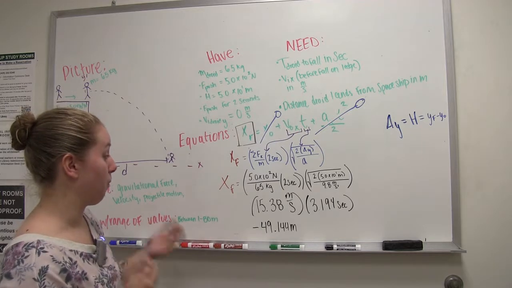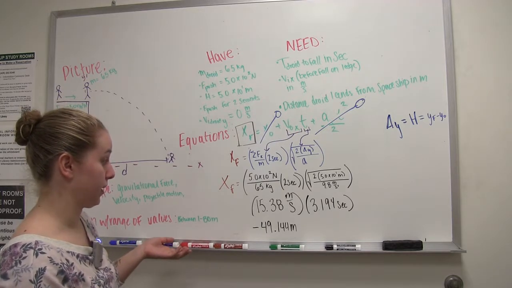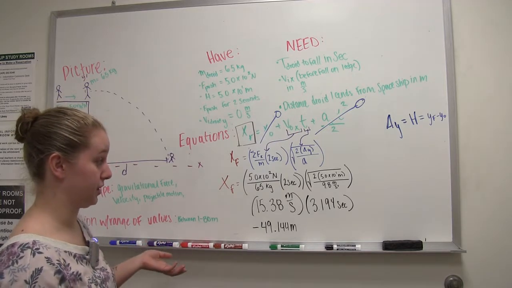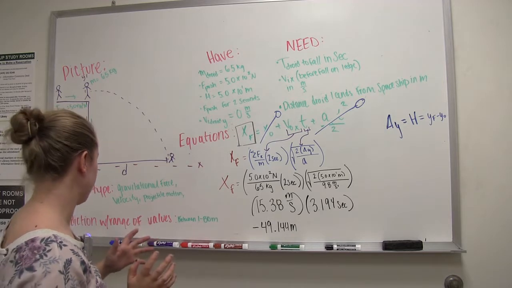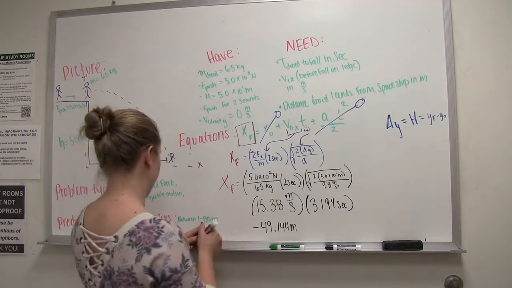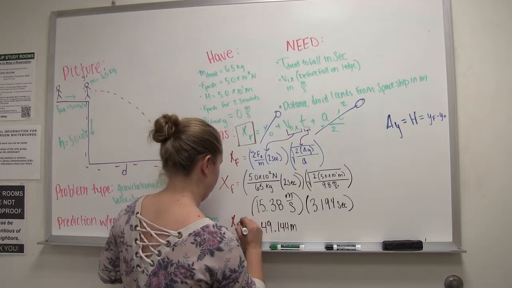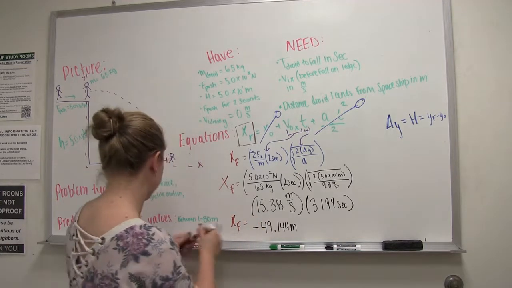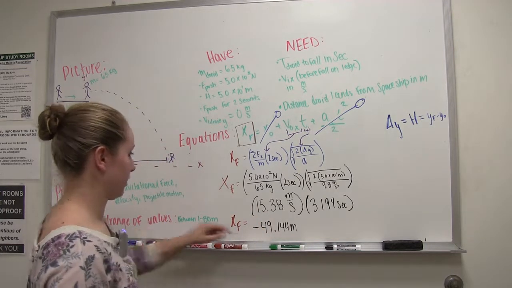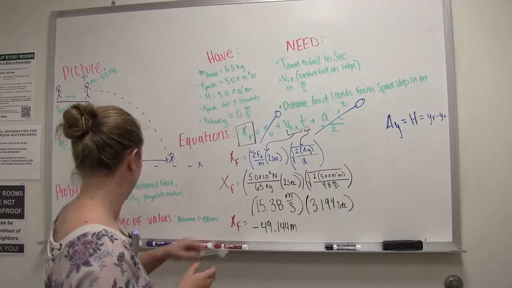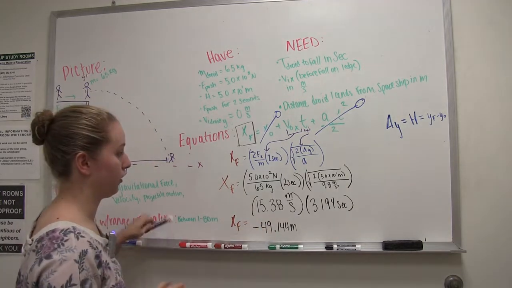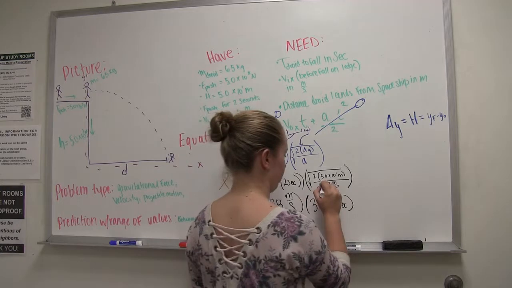That's great, but why is our final answer negative? You can't have a negative distance, right? So let me tell you why this makes sense. If you remember, we took the value of here.